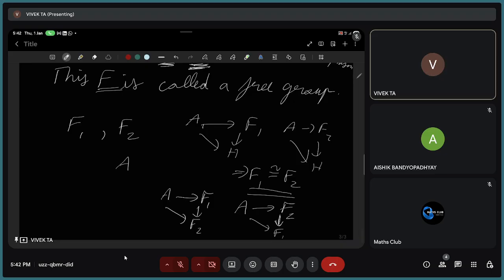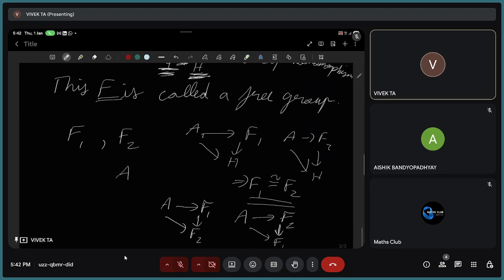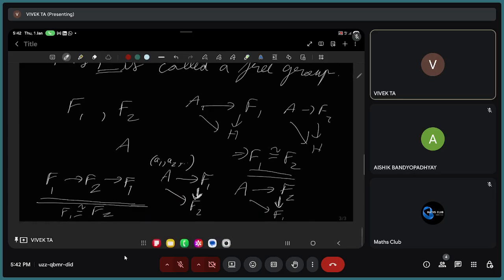Both of these are commutative diagrams, and hence, with just a little bit of calculation, working with the symbols, say take A to be a1, a2, and so on, you'll see that you have a map from F1 to F2, and then again from F2 to F1. So this becomes an identity. And if you prove that, that implies F1 is isomorphic to F2. It's as simple as that.